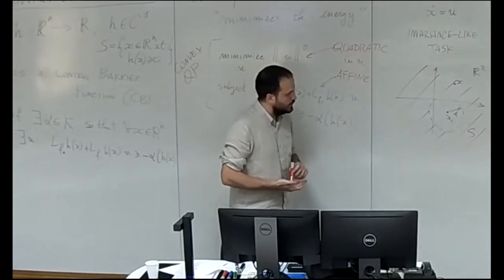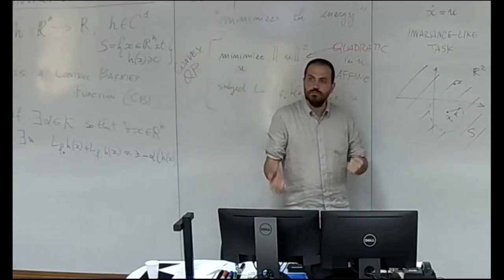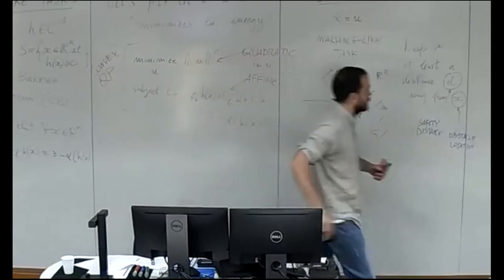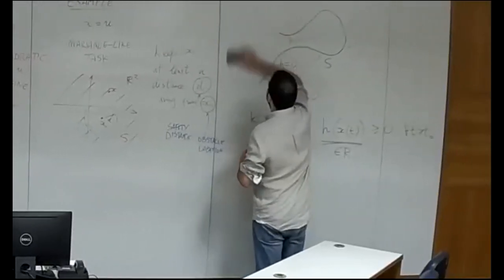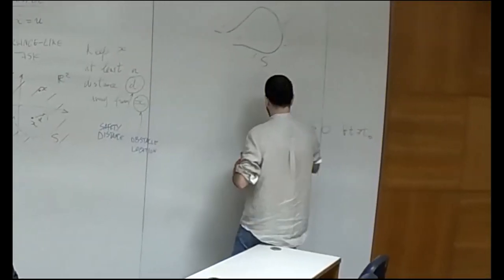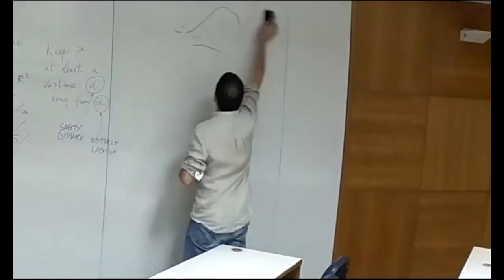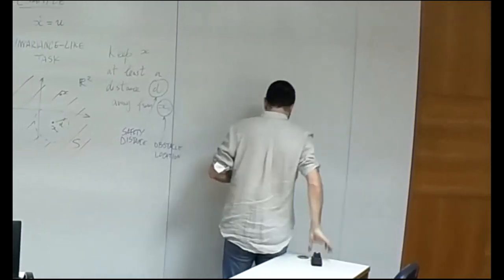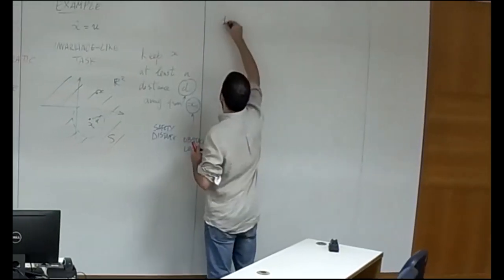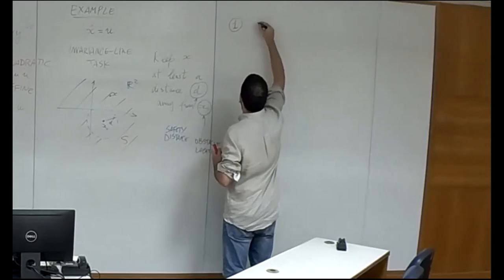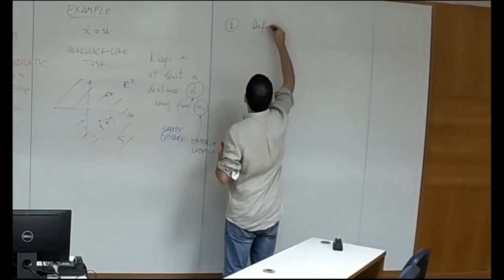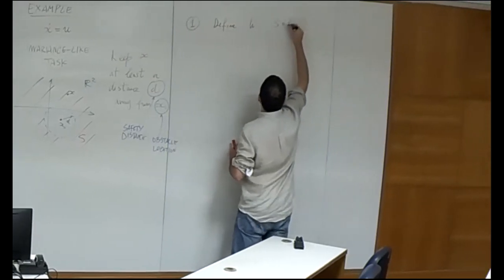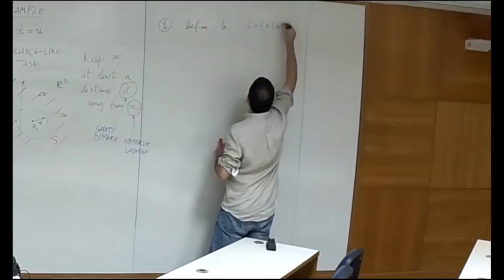This is the set S, which now we will express as the zero superlevel set of a function. That's step one, finding this function. Find h. Then S is the set of x's where h is positive.